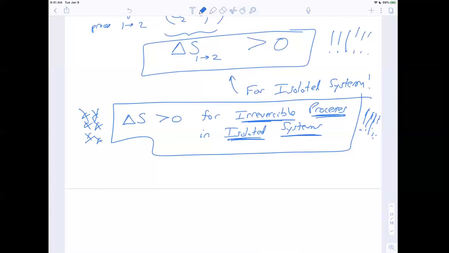We will talk about entropy increases in other scenarios, but for the moment, if you want to relate delta S increase or entropy increase with the universe, it has to be said in this way, because this is the way that it is. Okay, so the entropy of an isolated system, for example, universe, increases when you have an irreversible process taking place in that system.